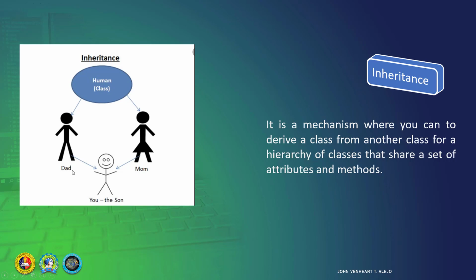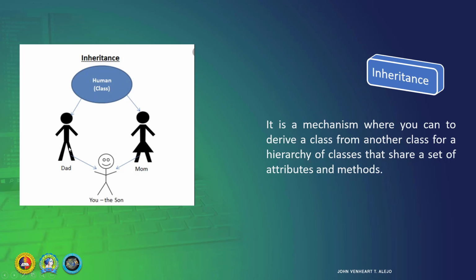Now, assuming that we replace it with a student class. A student class is still a human, because a student is a human. So you will just inherit all the attributes of the human, like name, date of birth, address, gender, contact number, whatsoever. Those are attributes of the human class.